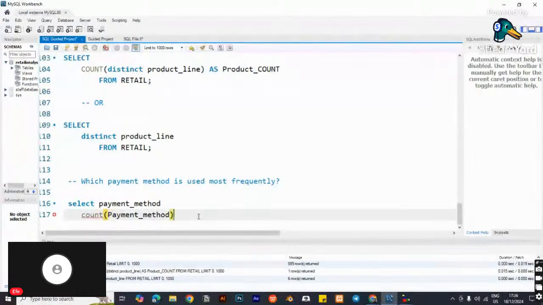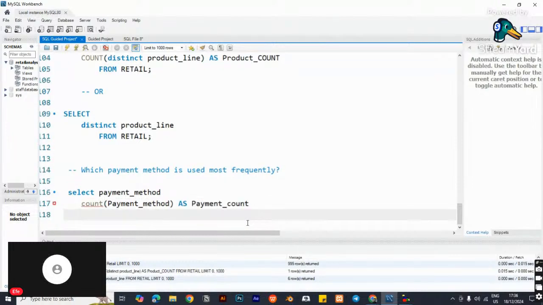And then all of these are optional. I'm about to use the alias. I could just return my values, but if we want to see our values, we use an alias. Remember, it's a temporary way of visualizing our results in our output section, from the retail table.